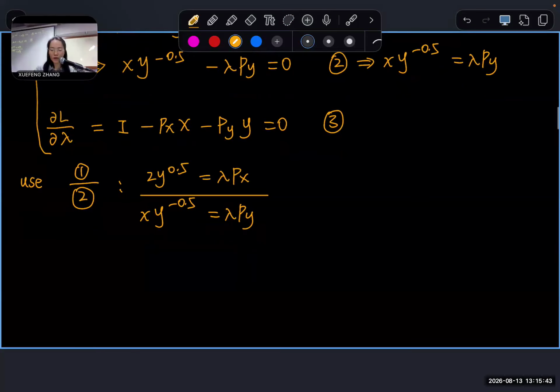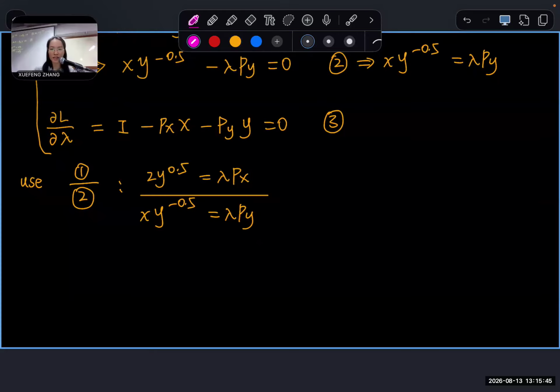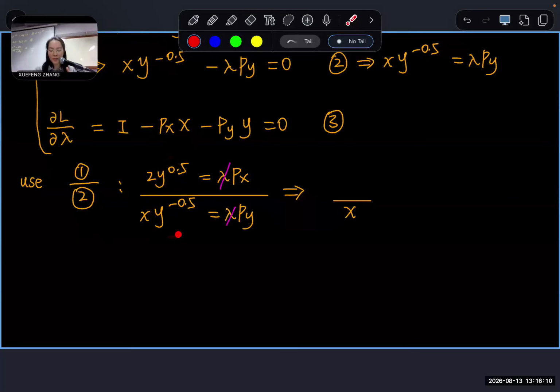Can we solve? Can we cancel out something? Yes. What is it? We can cancel out lambda. And then let's simplify. Here becomes x alone in the denominator, okay? How about y? So here, y power half minus negative half.